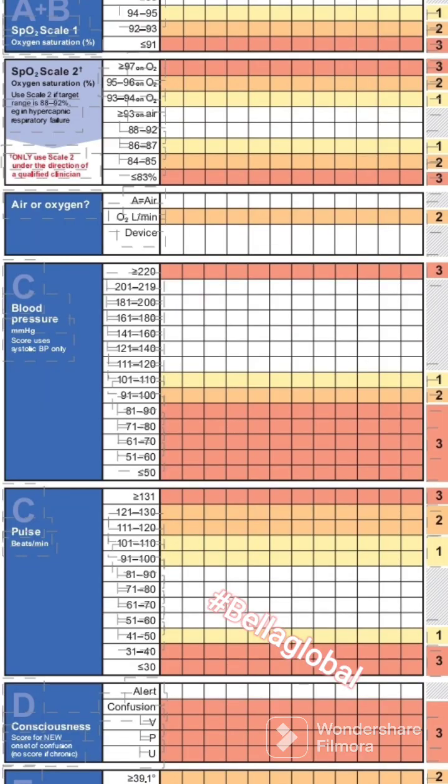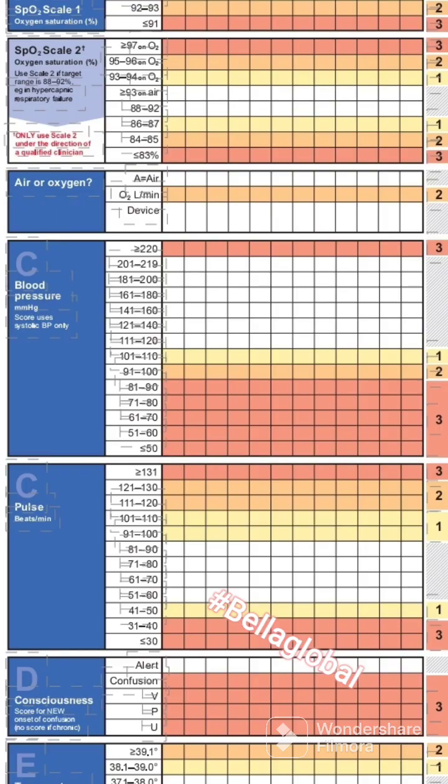However, if the patient's pulse rate was 106, it will be in the yellow zone, and that score is a 1. It's quite evident. It's in your charts. Just have a look at it. Okay? Or if a patient's pulse rate was 123, it's going to be in the range between 121 and 130. And that's still the orange zone.